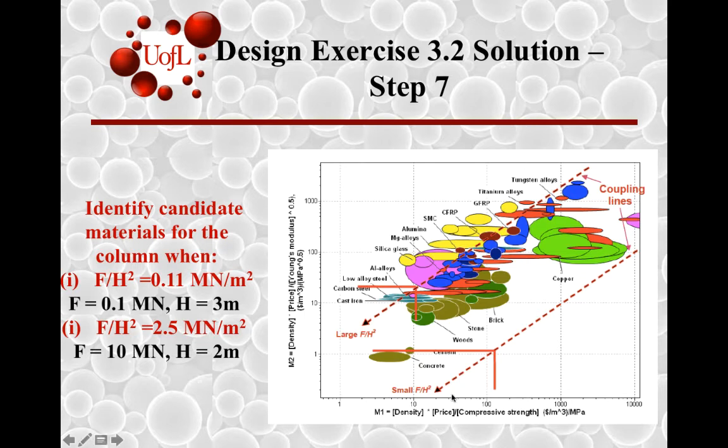Let's take a situation where you have a load of 0.1 meganewton and a height of 3 meters, and the second case, a load of 10 meganewtons and a height of 2 meters. So you have one case where you have a larger value of F by H square, and in the second case, a smaller value of F by H square.